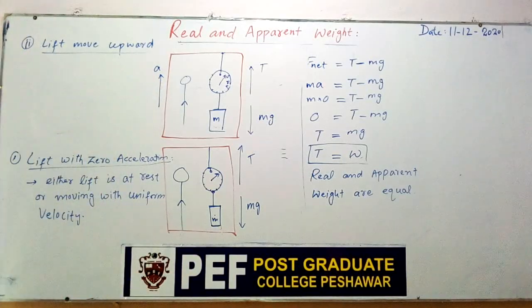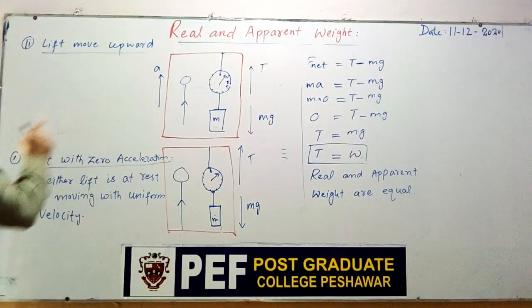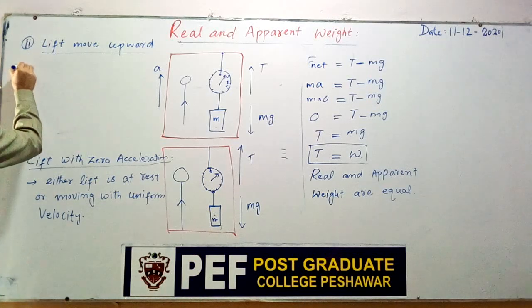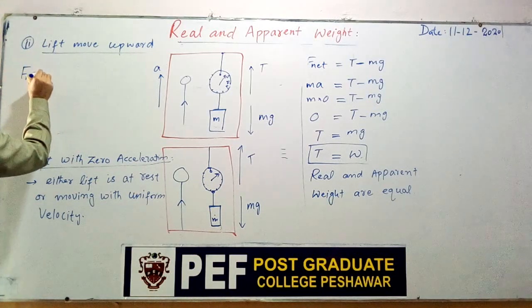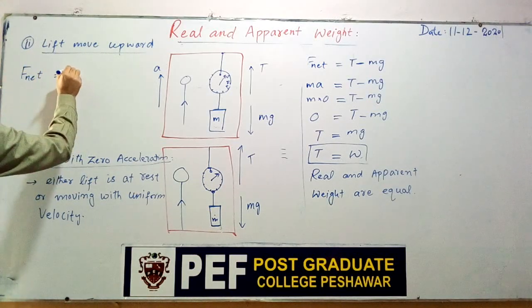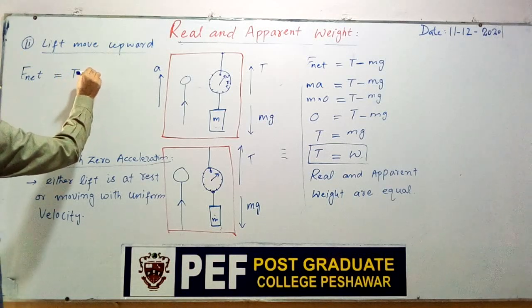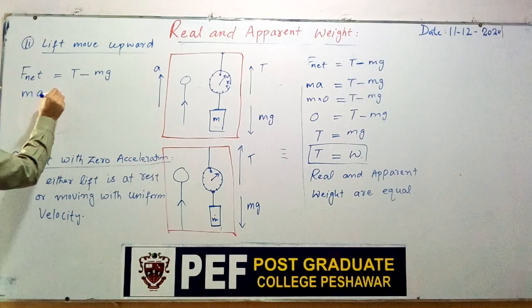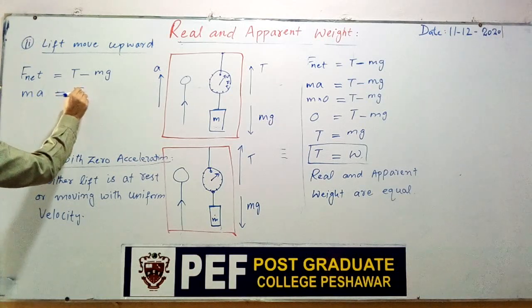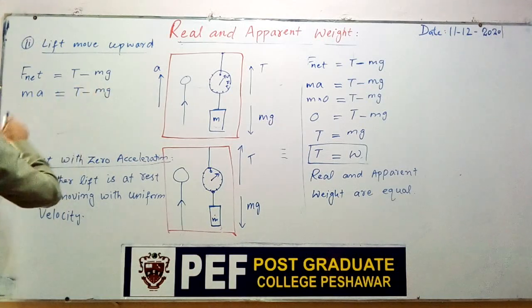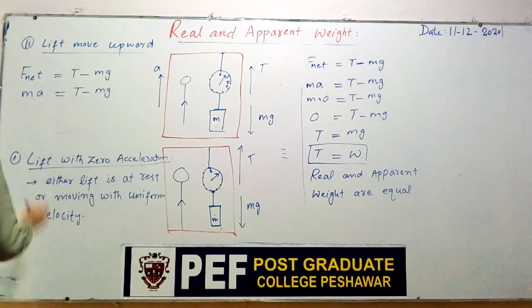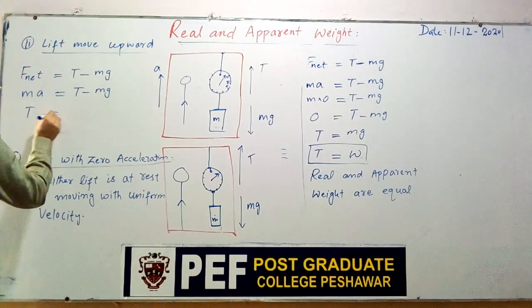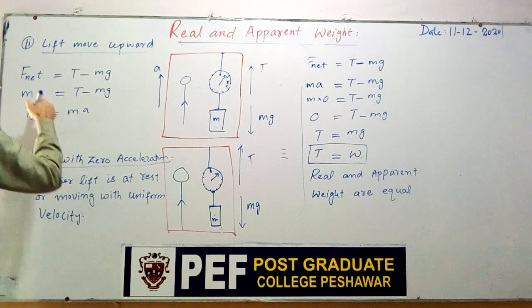For this we can perform the calculation as F net, the net force acting on this, will be equal to T minus mg. Now what is by Newton's second law of motion? The net force is given by ma. ma is equal to T minus mg. Now by rearranging this equation we get T equal to ma plus mg.